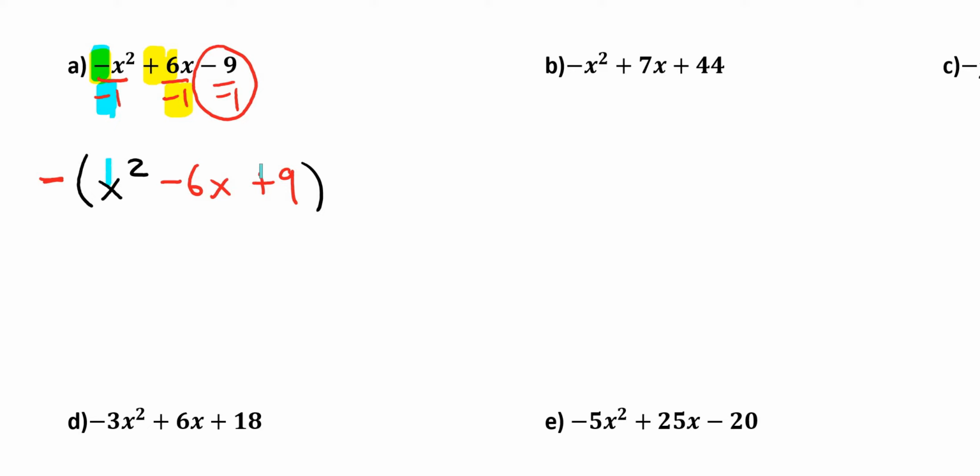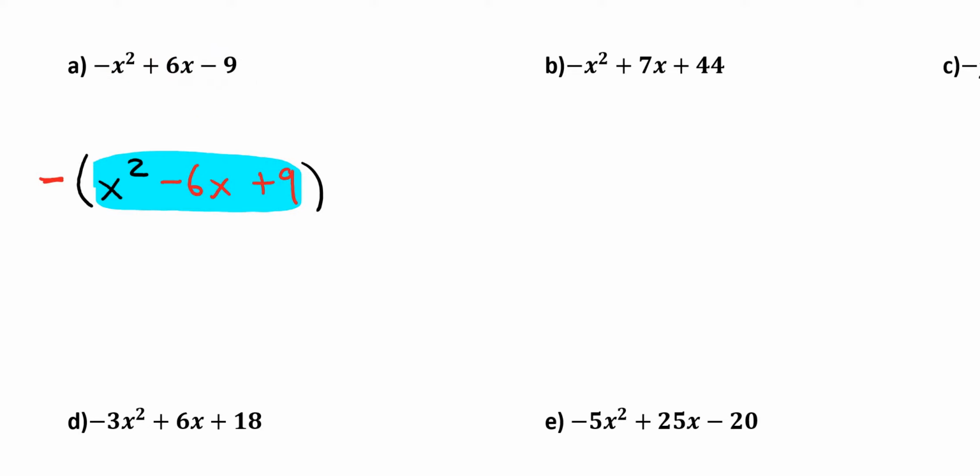Essentially, every single term inside this bracket, the signs all change. So this positive sign becomes a negative, this negative sign becomes a positive, and this negative right here becomes a positive. All the signs change to the opposite sign. Okay, and that's a very important skill that we'll be practicing throughout this course.